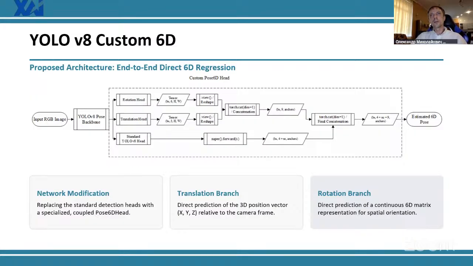This specialized head is divided into a few parallel and independent task branches. We leave the standard branch which predicts the object class and bounding boxes. We remove the key point branch, and instead we add a translation branch which directly estimates 3D distance and coordinates, and a rotation branch which handles orientation. Next slide, please.